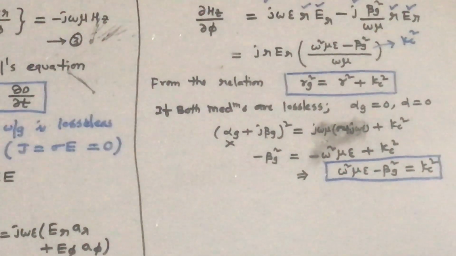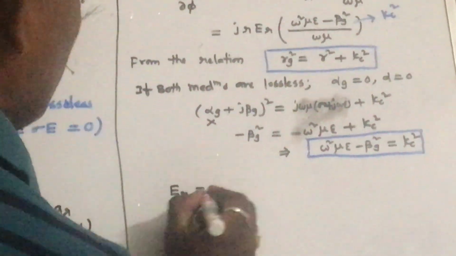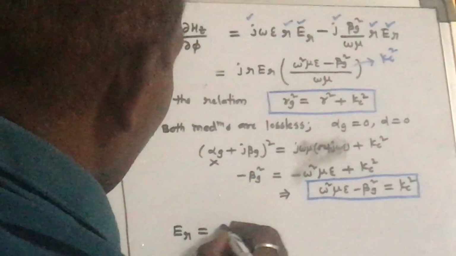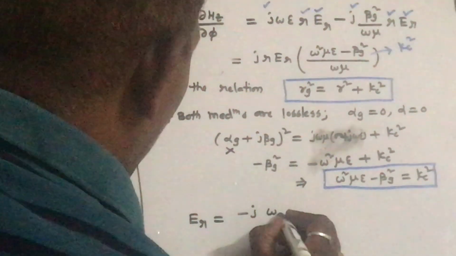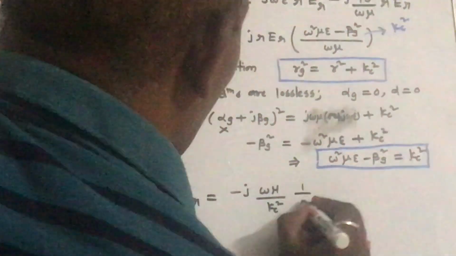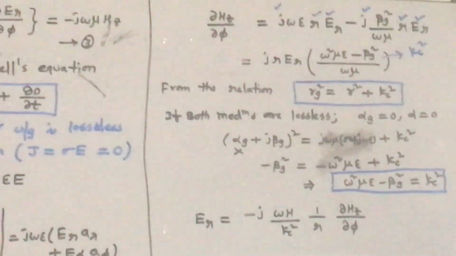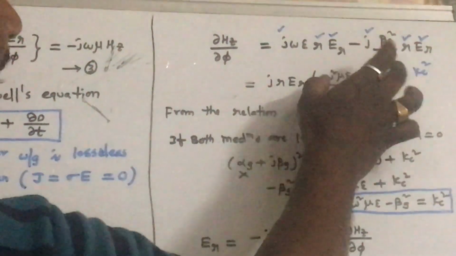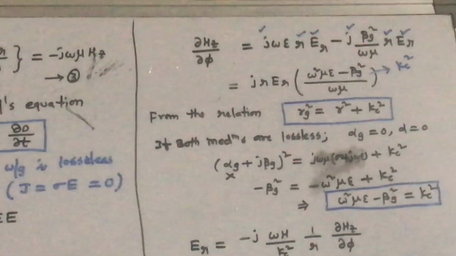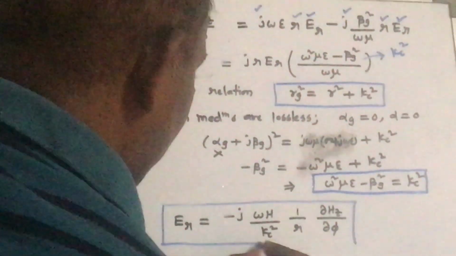So we want ER, so therefore ER is written as, from this derivation, bring j this side, it will become minus j omega mu by Kc square into 1 by R into dou Hz by dou phi. So from this expression, ER is calculated. Take these entire terms to the left side. So we can find the expression for ER.